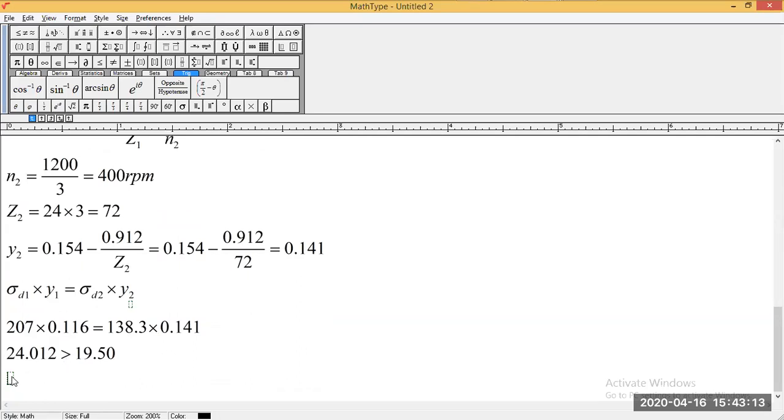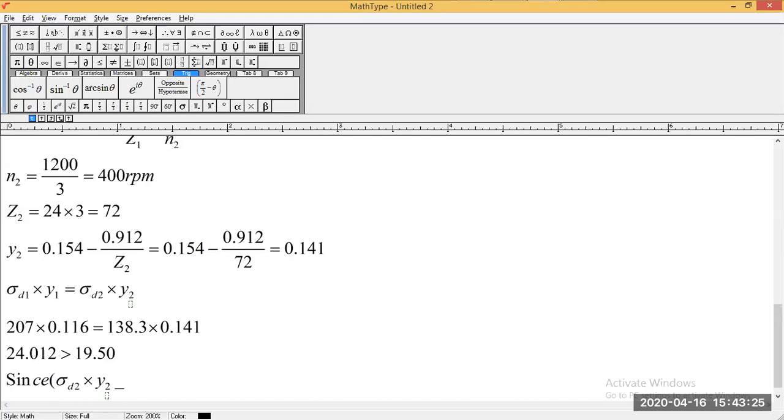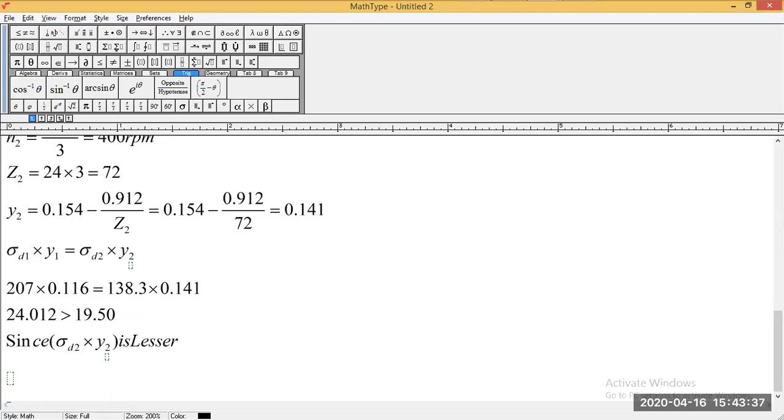Okay, we can write the reason. Since this value here is lesser, we can say gear is the weaker member.